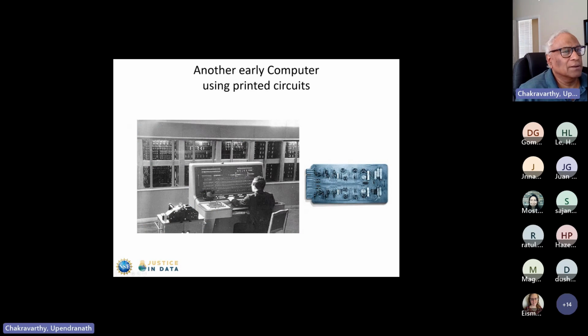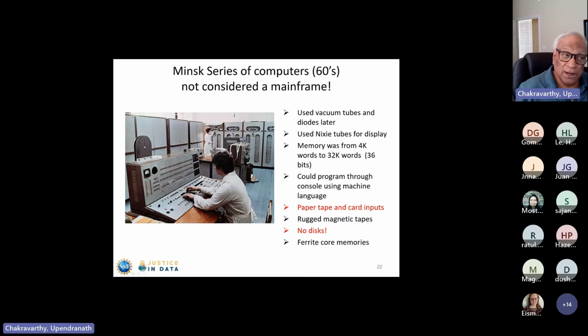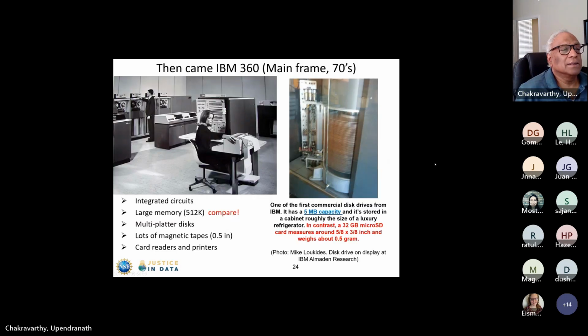So this is another early version. This uses printed circuits, whereas this one did not even use printed circuits. Here is an IBM 360, one of the very famous mainframes from IBM. This came about in the 70s, and it was big, but much more sophisticated than what I showed you before.